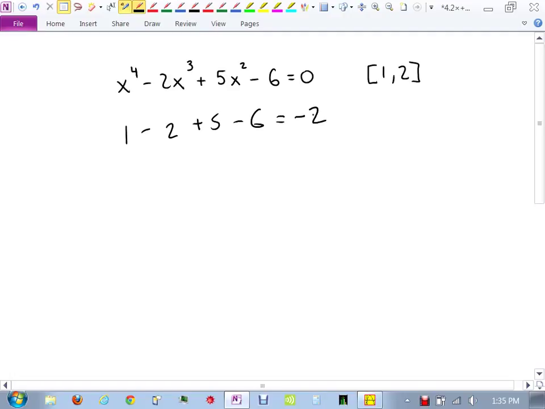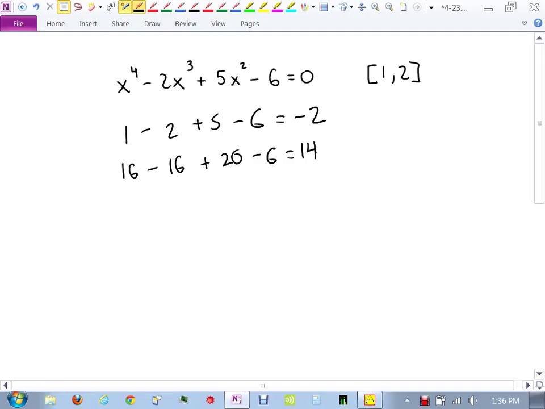Is that right? Okay. Now plug in 2. What's 2 to the 4th power? 16 minus, let's see, 2 cubed is 8 times 2, so minus 16 again, plus 2 squared 4, 20, and then minus 6, this is 14.